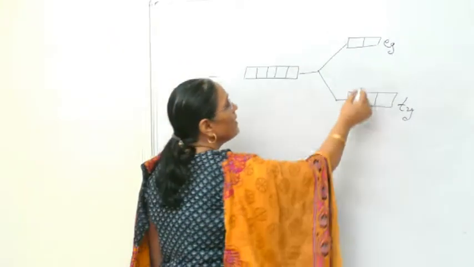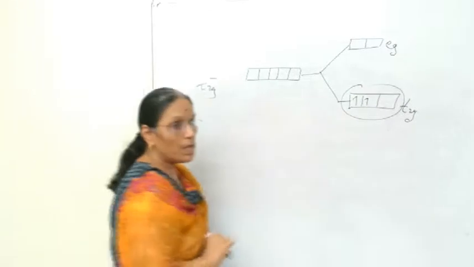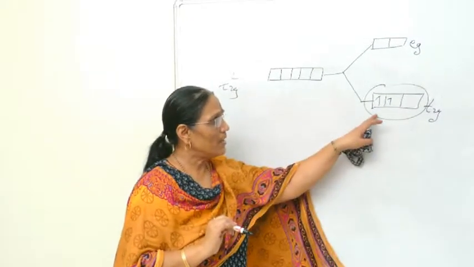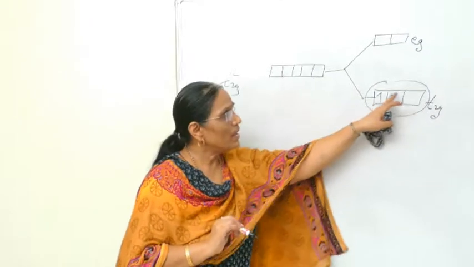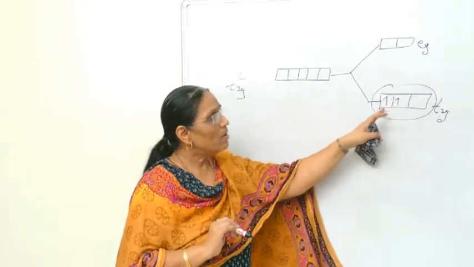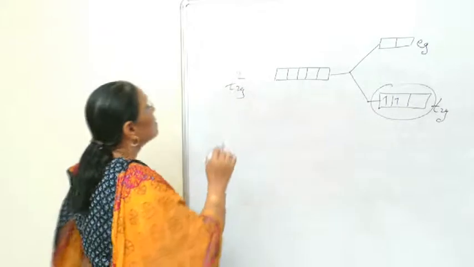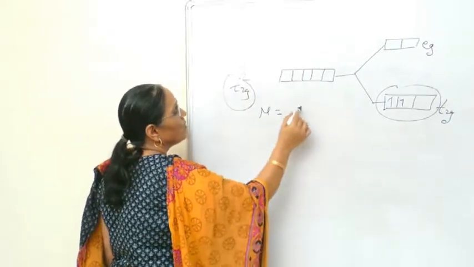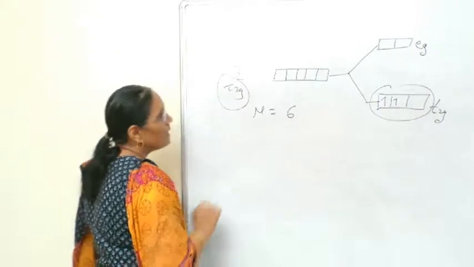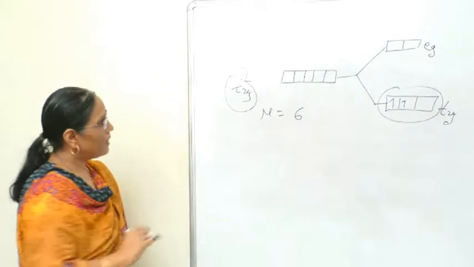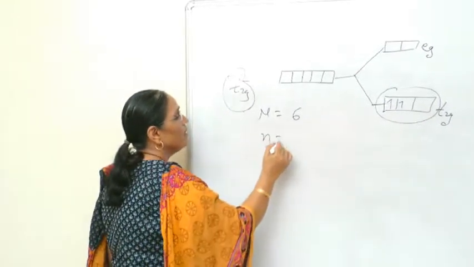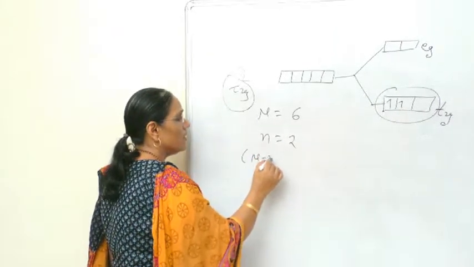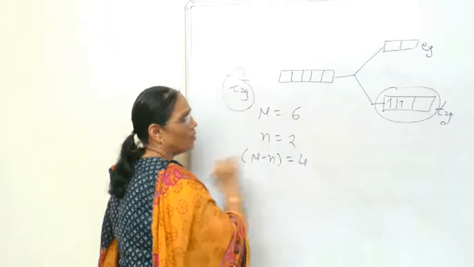Like the p orbital, the orbital degeneracy of the t2g set is 3, therefore the t2g set can accommodate a total of 6 electrons. So for t2g orbitals, capital N is equal to 6. The number of electrons actually present, that is small n, is equal to 2. So N minus n will be 4.